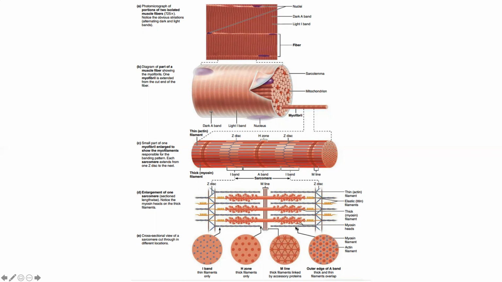And if we look in this area where we have both actin and myosin fibers, now we have the spots of blue actin and big rounded myosin area here. So these are the cross sections at the different sites of the sarcomere.